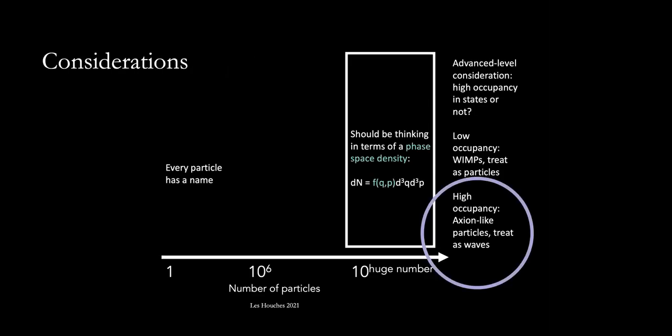Okay, so finally, let me talk about fuzzy dark matter or wave dark matter. So these are cases where the occupancy of states is extremely high. And so it makes more sense to talk about dark matter as being wave-like than particle-like.